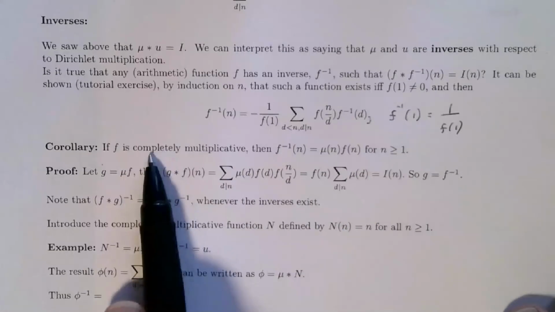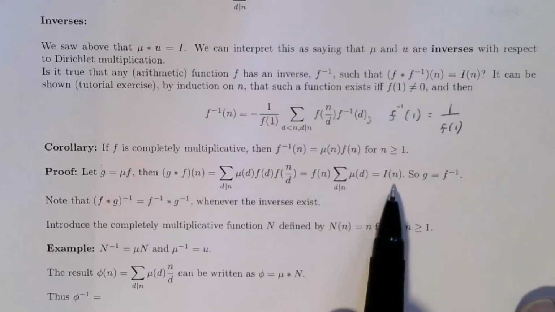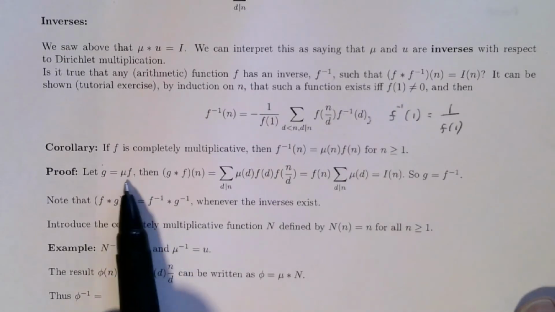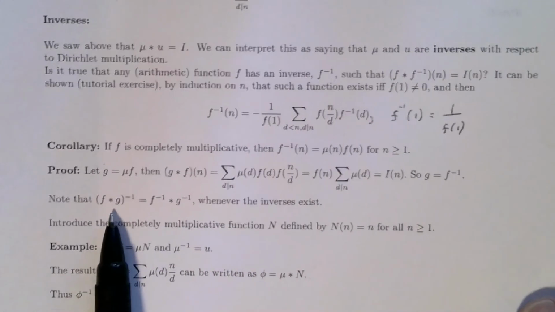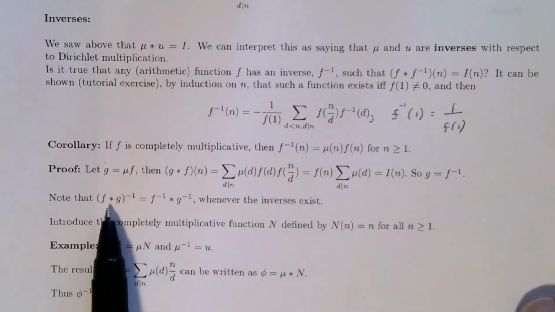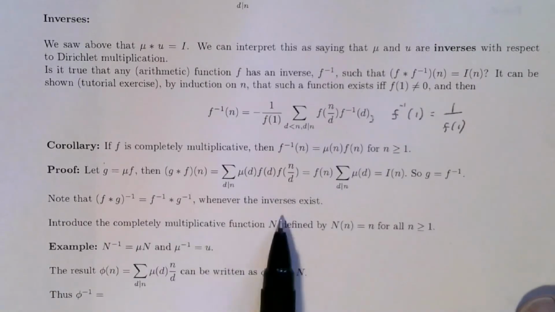And because it's completely multiplicative, f(1) is 1, and so I just get the identity. And so that means this g, this μ times f, is in fact the inverse of f. One can also show that (f star g) inverse is f inverse star g inverse whenever the inverses exist.